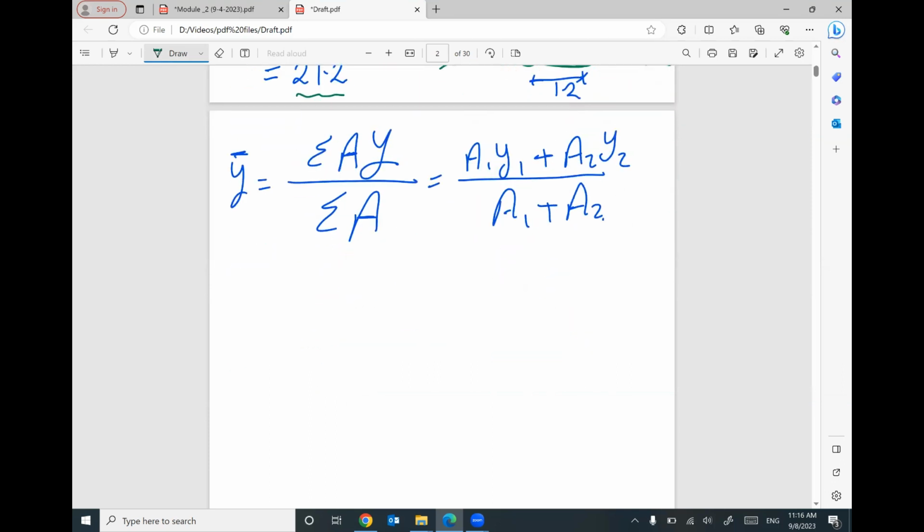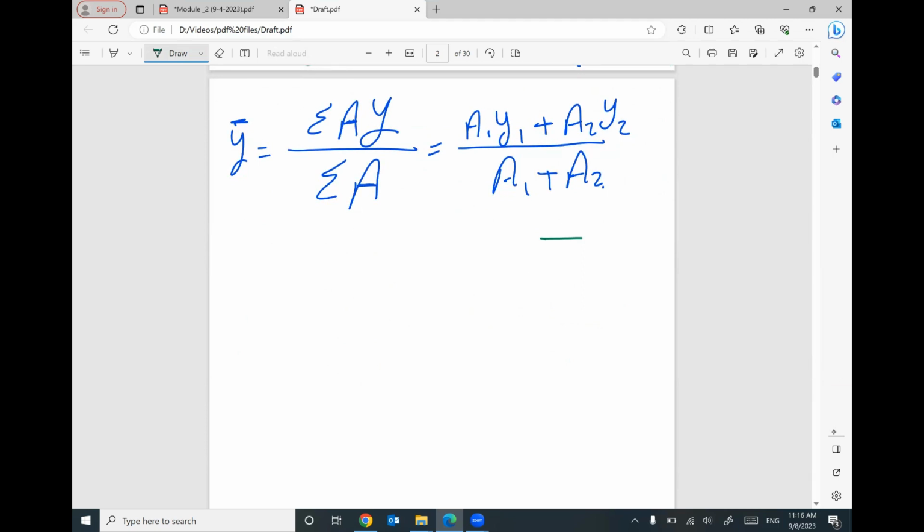Keep in your mind, if you have a rectangle with B and H, and your x-axis is passing through the centroid of this rectangle, your I equals B H cube divide 12. That's it.